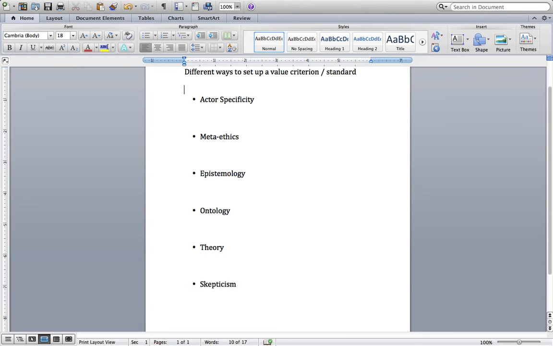If the value criterion or the standard is being consistent with our emotivist feelings, or staying consistent with emotivism, or whatever way you want to phrase it, what that would mean is that the winner of the debate round is whoever is most consistent with what people desire and feel, or what their emotions are.